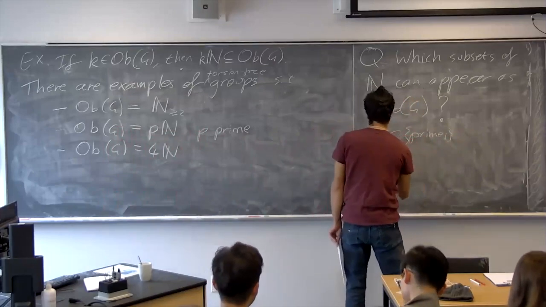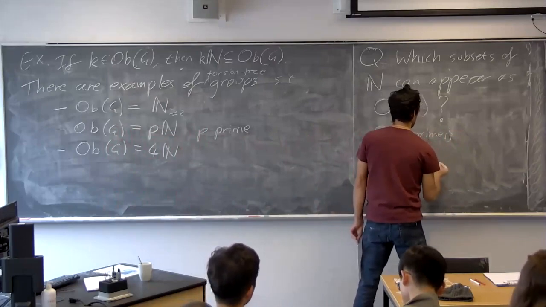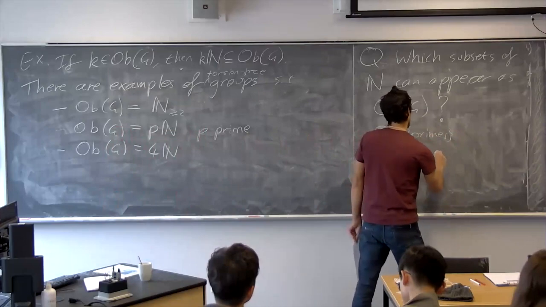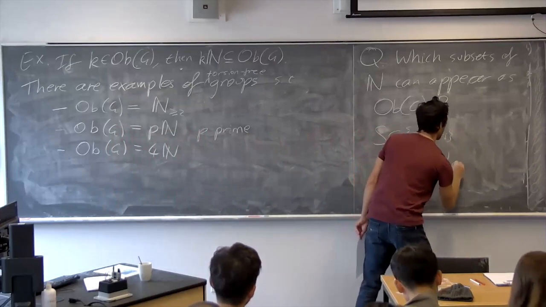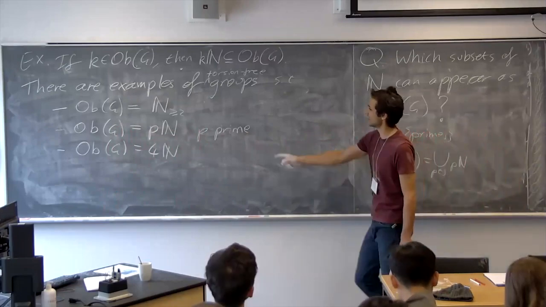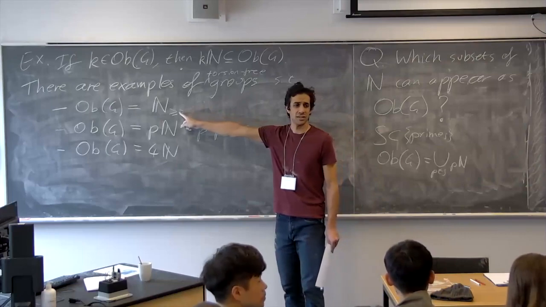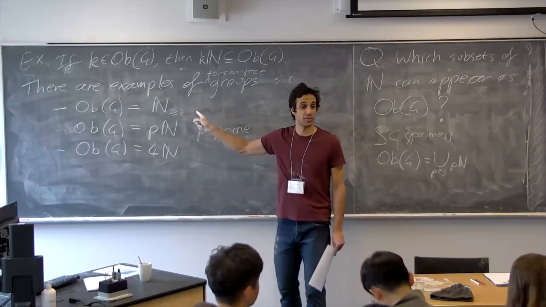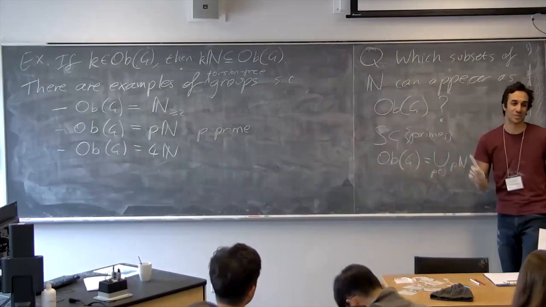And then we have examples where the obstruction spectrum is the union over the primes P in S of P times N. I guess this isn't a cyclic semigroup. Well, you could include one, couldn't you? No, because it's a circularly orderable group, so G cross nothing is circularly orderable here.